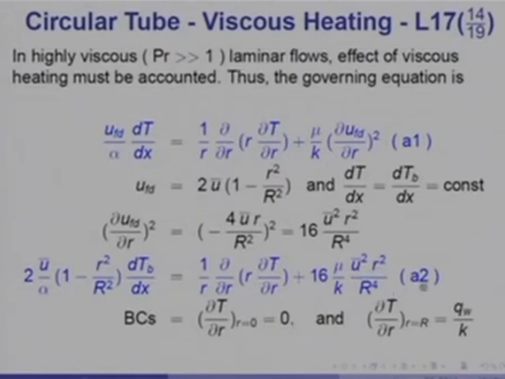This is equation A2 and the original equation is A1, and the boundary conditions are again at the axis of symmetry this would be 0, and at the wall it is equal to q wall equal to k dT/dr.